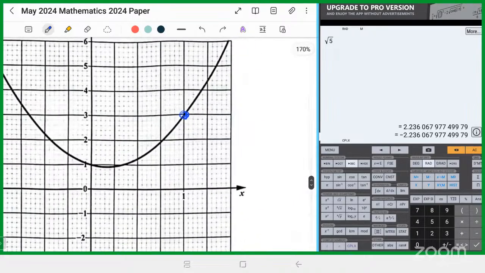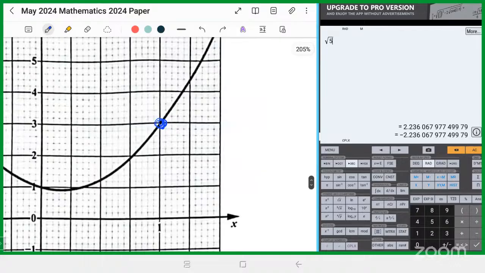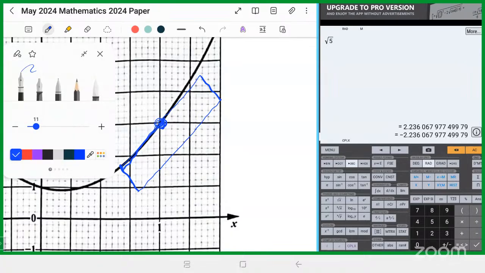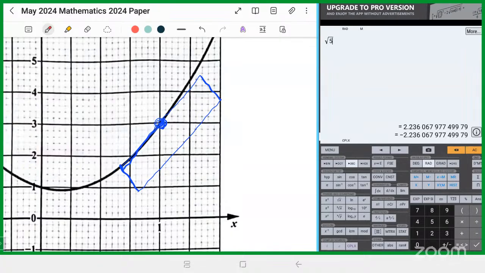So if I zoom in, you're really supposed to be drawing a line. You put your ruler against the graph, something like this. Put your ruler like that, right against the graph, and you draw your tangent such that it just seems to be touching the graph along the ruler. So, something like that. That red line would be a tangent that appears to just touch the curve at this point only.